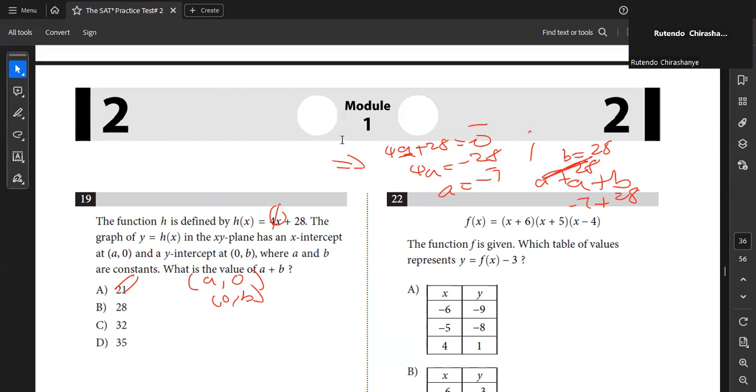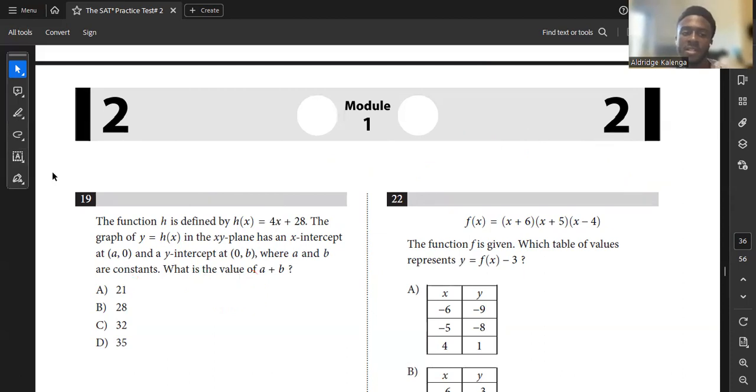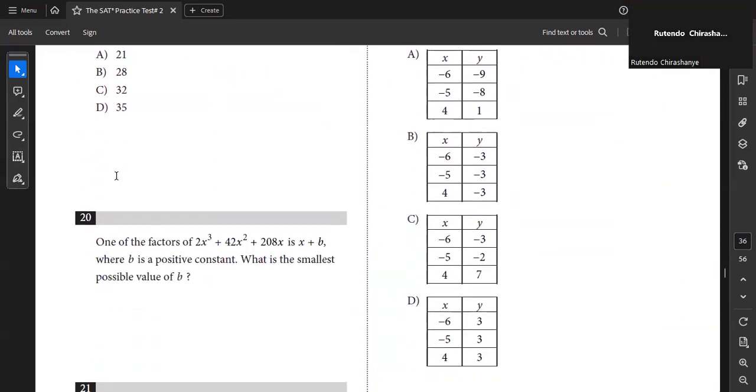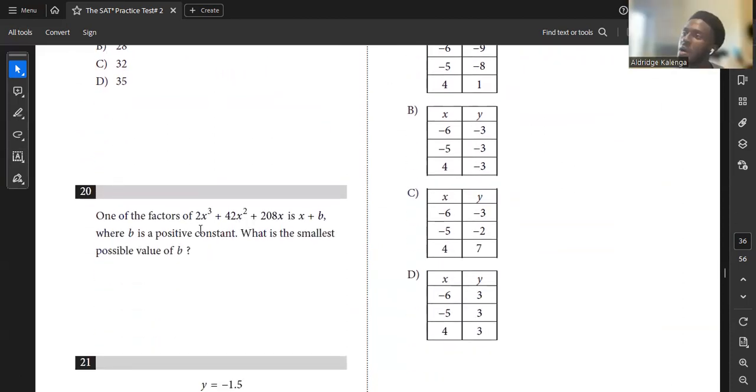Question 20. Let me clear this. All right, question 20 says one of the factors of this polynomial, 2x cubed plus 42x squared plus 208x, is x plus b, where b is a positive constant. What is the smallest value of b?